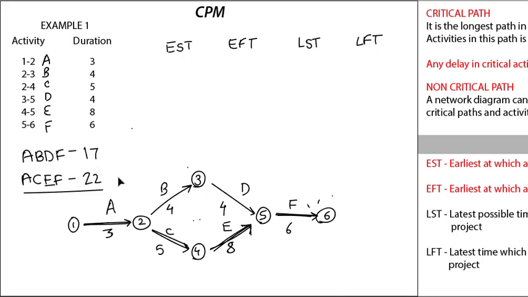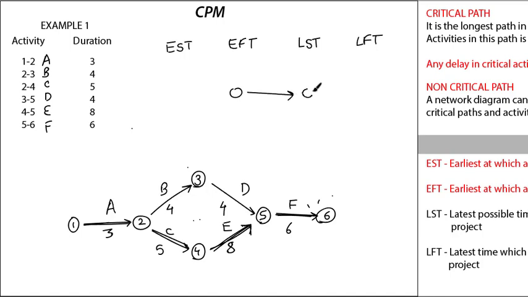Now let's look into these four terms, that is EST, EFT, LST, LFT. All you have to do is, this is a tail event and this one is the head event. Tail is the start and head is the end.